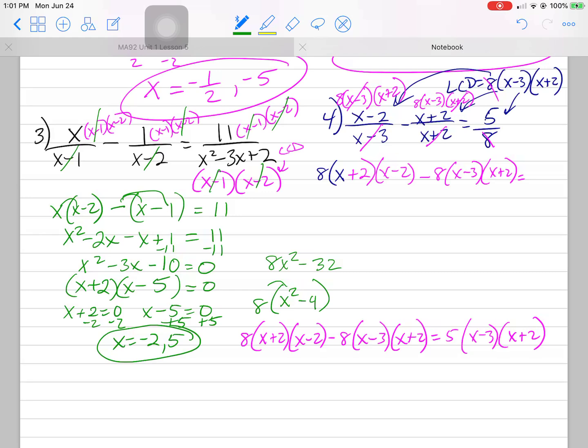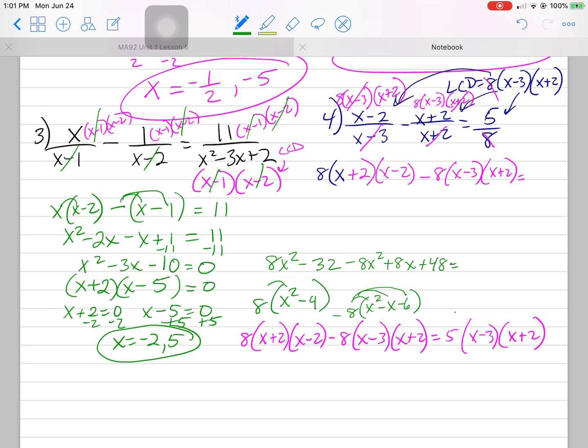And then this one's going to be minus 8, and then this distributed, oh my goodness, 8x minus x minus 6, right? Got that, yep. And then keep distributing, 8x plus 8x squared, yep. And then negative times a negative is a positive 48.